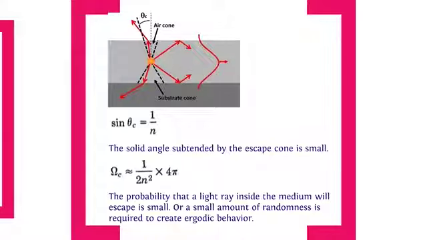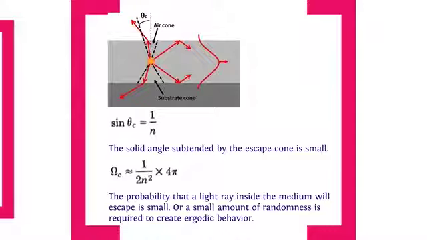Approximately, the solid angle subtended by that cone over 4 pi is 1 over 2n squared. Don't need to remember any of this, but conceptually, 4 pi is a full sphere, so maybe I should draw what I'm talking about. The full sphere is 4 pi, right? But light is only going in half of the sphere, one hemisphere, so it's only 2 pi.